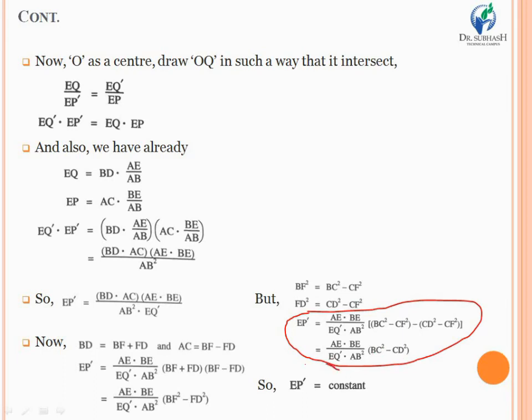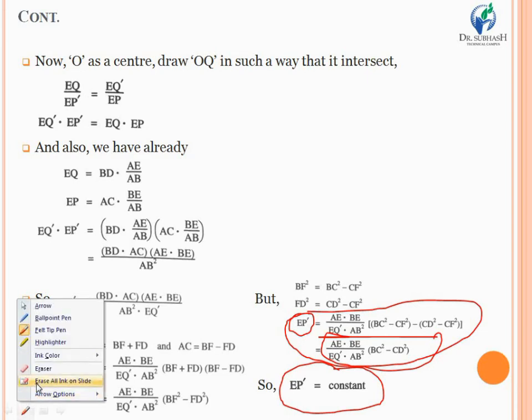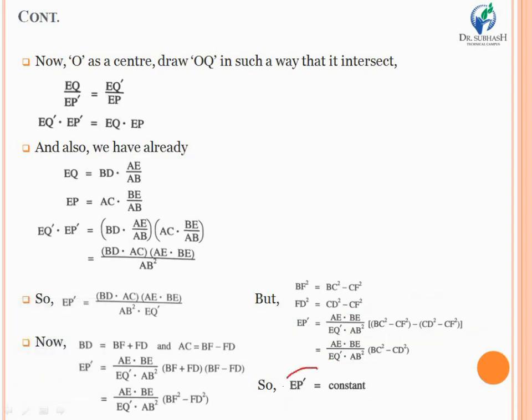So over here, by carefully observing all the links that you have derived at the end of the relation of EP dash, all the links or the ratios remain constant. So ultimately we can say that the dimension of link EP dash remains constant.